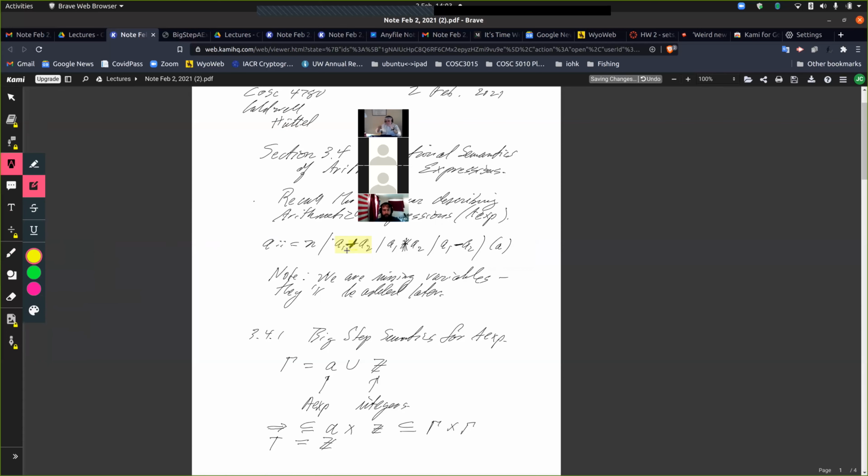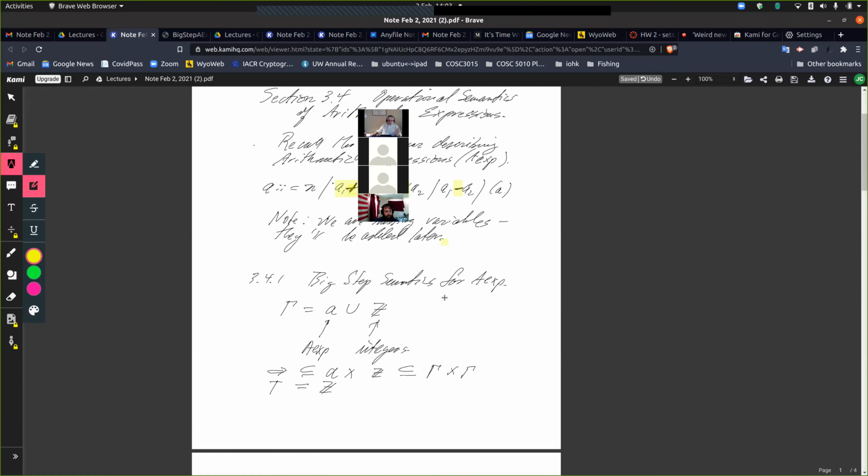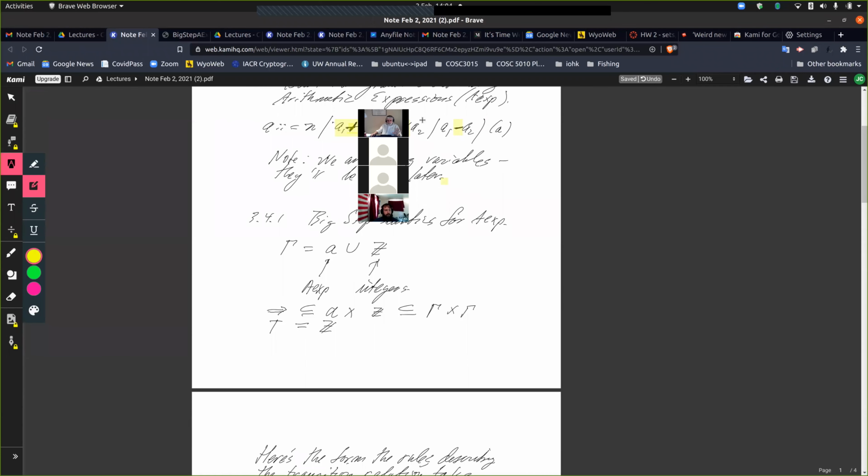This plus is a bold plus, and this times is a flowery, starry times, and minus is a little bit bolder than you might normally write it. And we don't have any variables. So then he describes the big step semantics for expressions of this form, and they're pretty boring because you don't have variables.